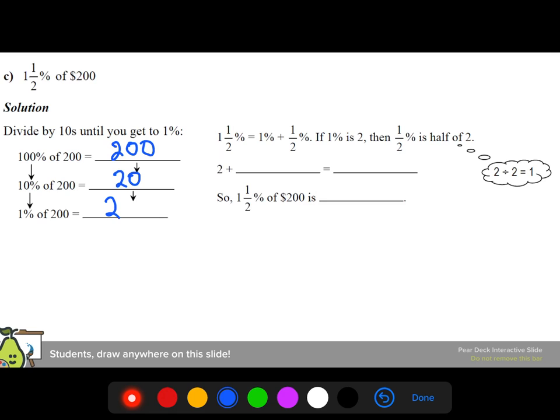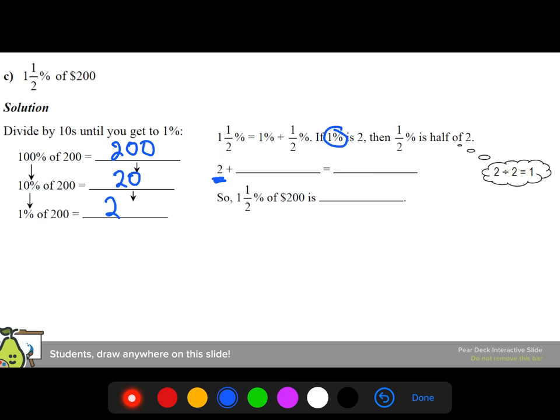So now we know what 1% is. 1.5%, which is the original question, is a combination of a 1% and a 0.5%. Well, we've already calculated the 1% as being 2. So that's what's here. If we want to know what 0.5% is, then that's half of 1.